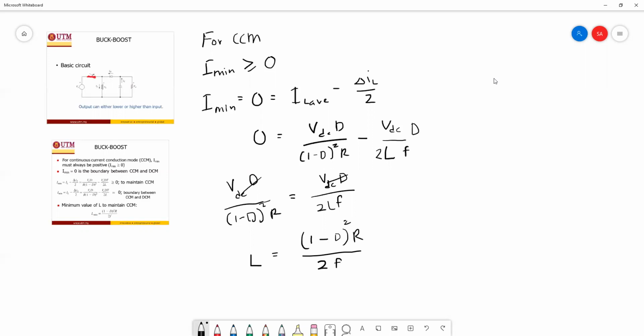Since this is the minimum inductor value to ensure CCM, we call it L min. So we have derived L minimum to ensure that your buck-boost is in CCM. To make sure it is always in CCM, the actual inductor that you use should usually be 10 times your L minimum. I think that's all for the analysis on the inductor current.